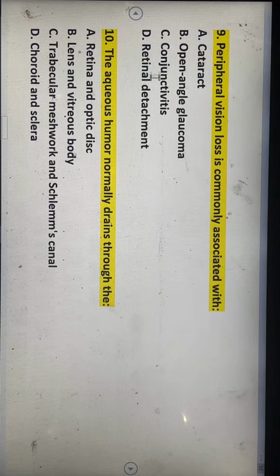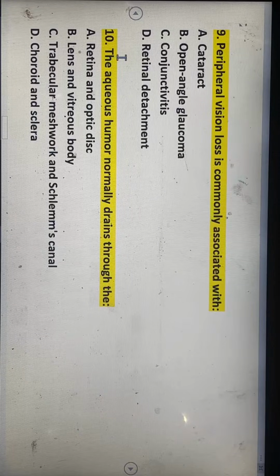Very simple. Now, if you choose retinal detachment for peripheral vision loss, wrong. If you choose conjunctivitis, wrong. If you choose cataract, wrong. The right answer is glaucoma. Glaucoma deals with peripheral vision loss. That is the first symptom. Don't forget this.